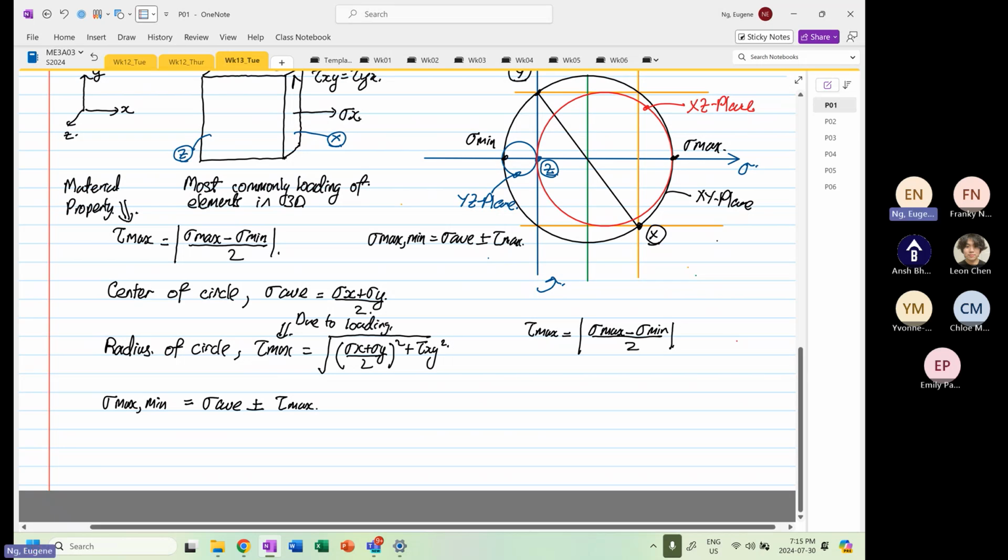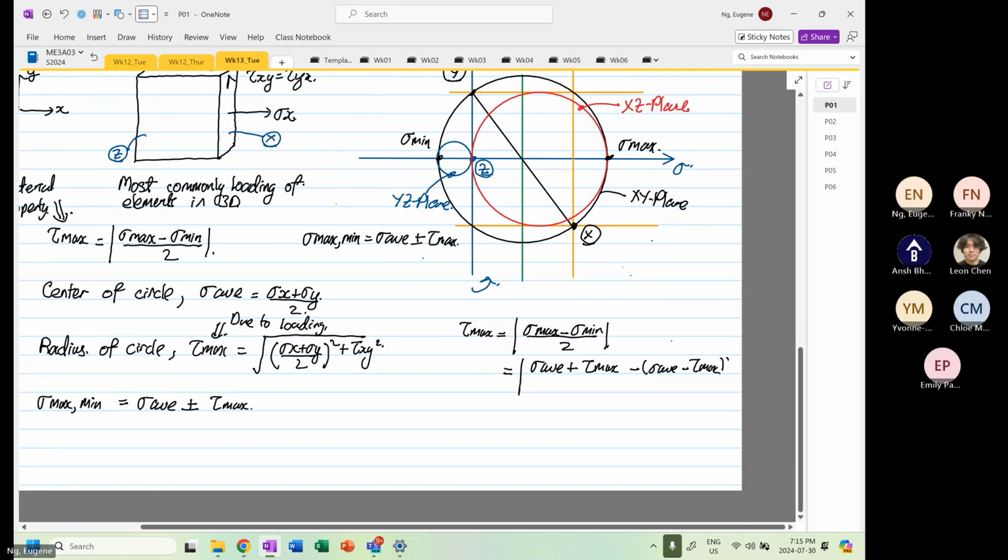Okay, so don't be confused. So this will be equal to stress average plus tau max minus stress average minus tau max, because it's a minimum value. Okay, then you divide by 2. And this happened to be equal to tau max also.